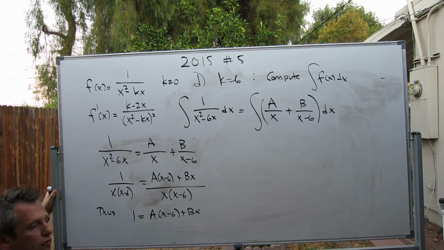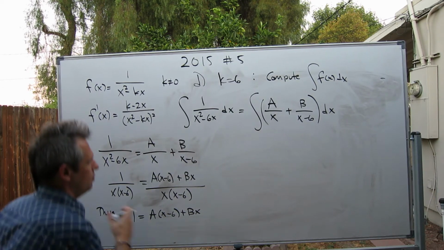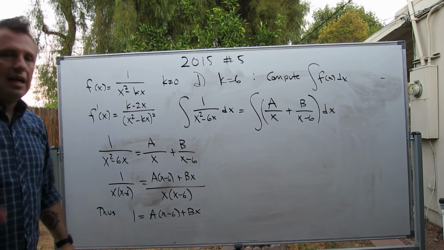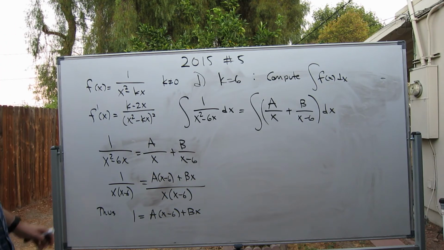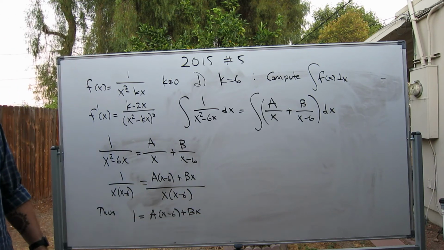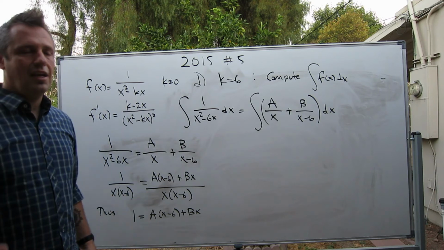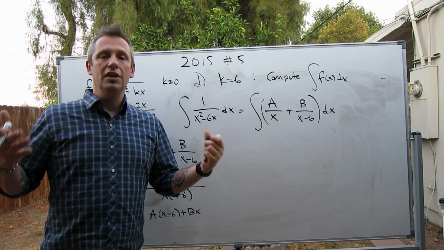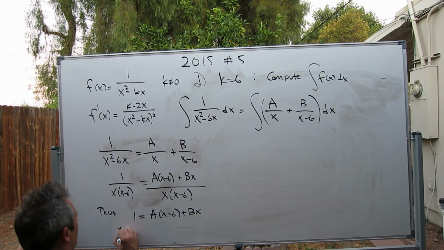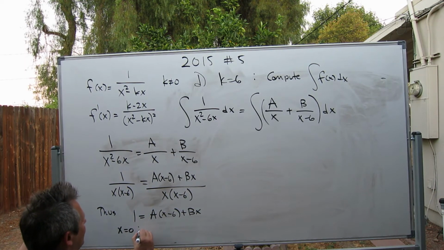This needs to be true for every possible x. These two things are supposedly equal as functions. And in fact, it even needs to be true at places where these things don't make sense, namely x equals 0 and x equals 6. So that's what I'm going to do. In class I call this the method of convenient values. So I'm going to start off by letting x equal 0 and see what that tells me that a has to equal.